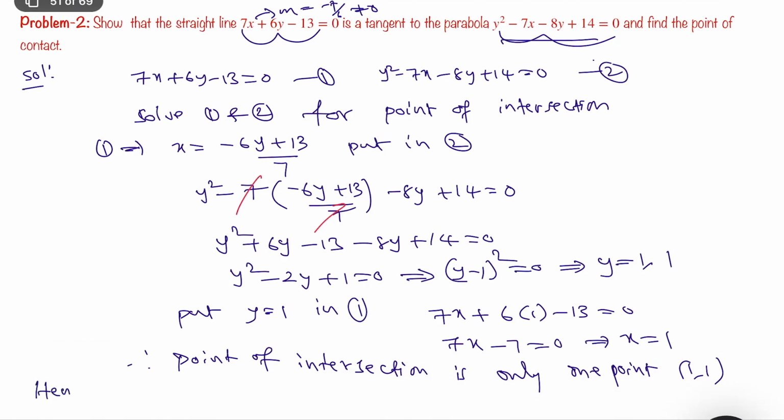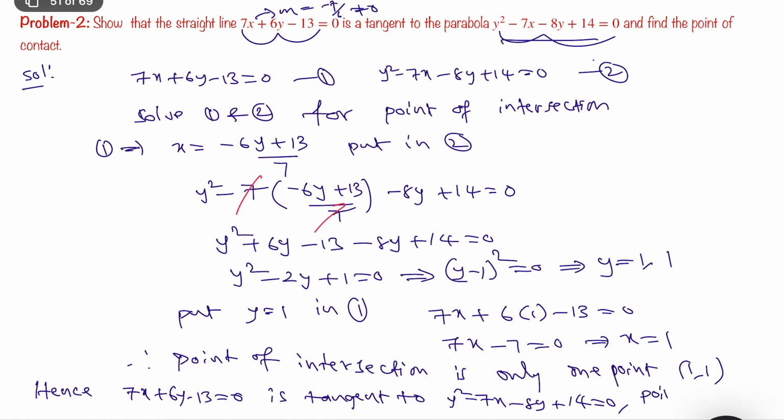Hence the straight line 7x plus 6y minus 13 equal to 0 is tangent to this parabola y square minus 7x minus 8y plus 14 equal to 0. And the point of contact is going to be this intersection point only.